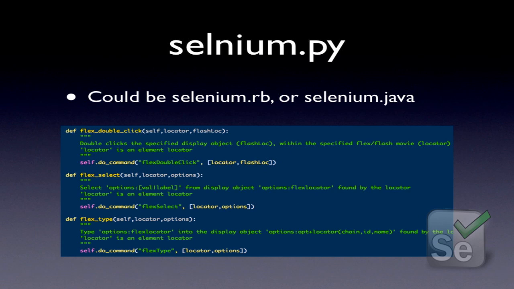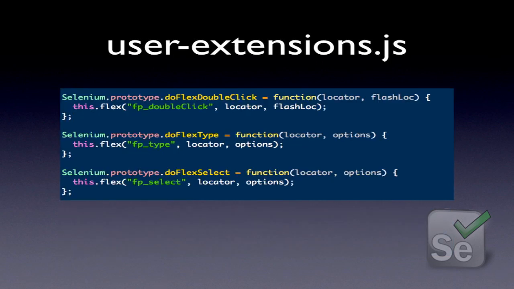This is just a little piece of the Selenium.py, which could be .rb or .java, and shows the Flex double click, which is what does the Flex double click. Then there are the user extensions, which is basically all the same functions that are in the Selenium.py, but in JavaScript.